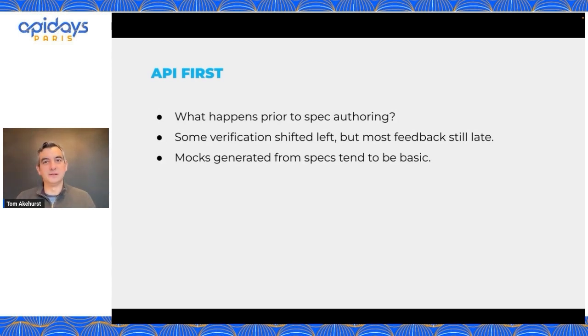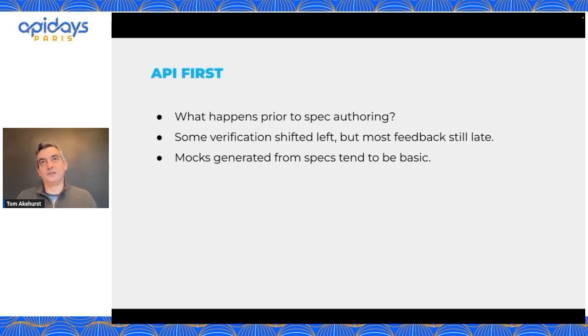OpenAPI isn't designed with mocking in mind specifically, and as such, the information that OpenAPI, at least in its standard scheme of things, contains doesn't make for generating particularly rich mocks. You can generate some basic happy path cases from it, and you can use that as a way of illustrating how the basics of the API work.